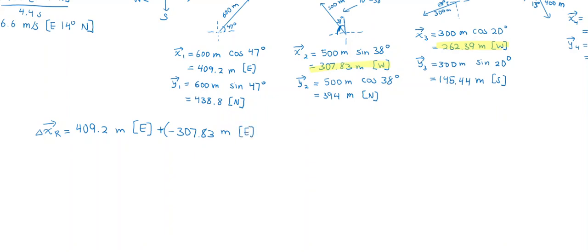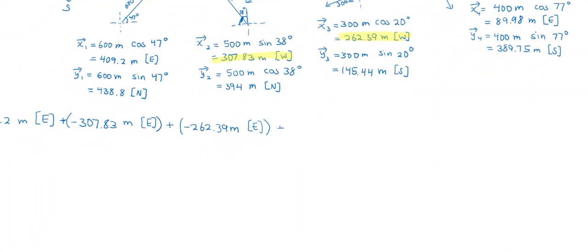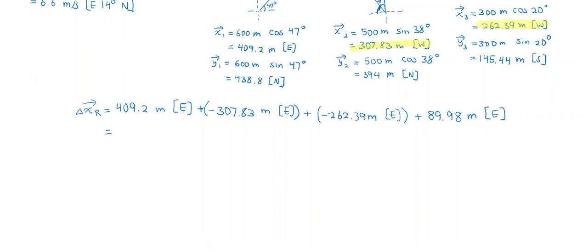So I'll just put the brackets around, and then this should be minus 262. And then our final one is east, so we're gonna do just plus 89.98 meters east.